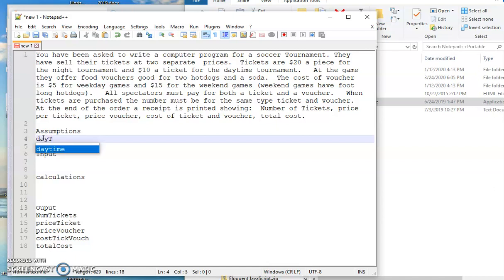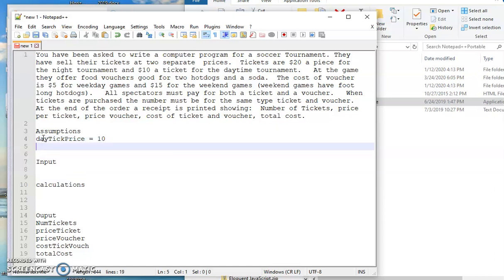We have a day tick price, and that's going to be 10. And then we have an NT tick price. That's the night one. And that one is going to be 20.